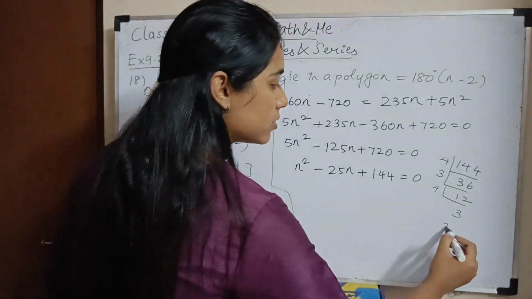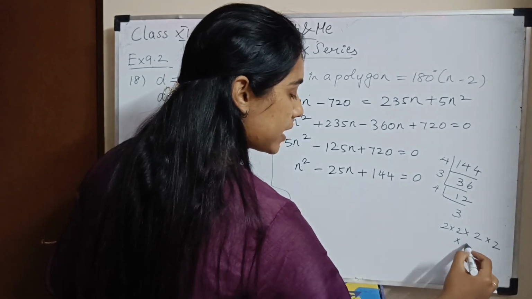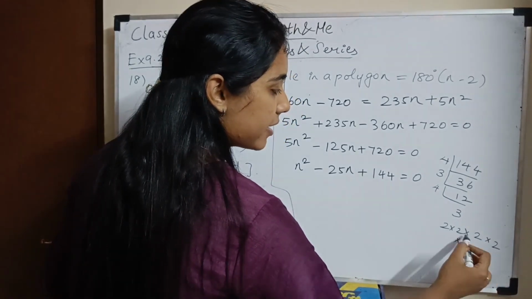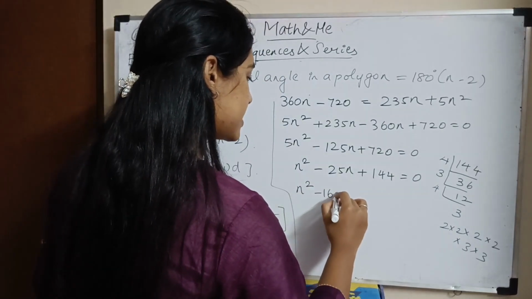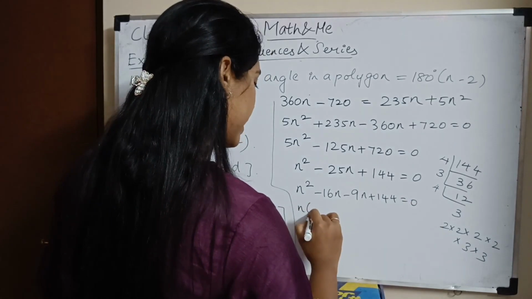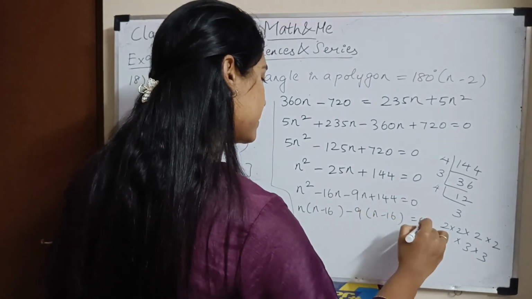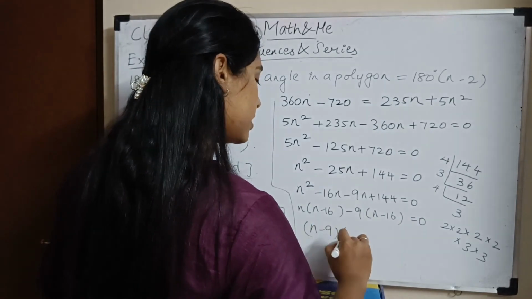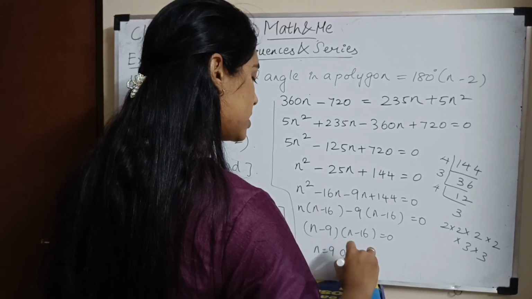So what do I have? 2 times 2 times 2 times 2 times 3 into 3. So I have 16 times 9. Okay? So it's n square minus 16n minus 9n plus 144 equals 0. So n times n minus 16, minus 9 times n minus 16 equals 0. n minus 9 times n minus 16 equals 0. n equals 9 or 16.